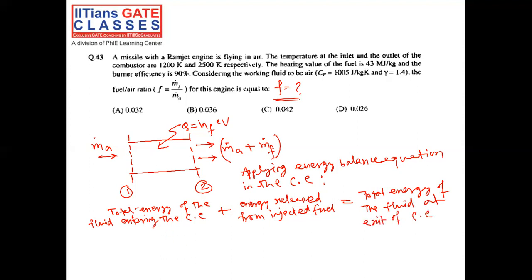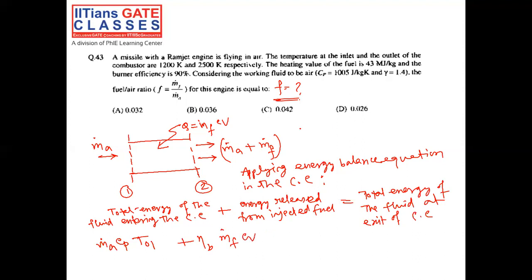Now total energy of the fluid entering the combustion chamber is nothing but ma dot cp to1, and the energy released from the injected fuel is nothing but, as the burner efficiency is given as 90%, eta b into mf dot cv.